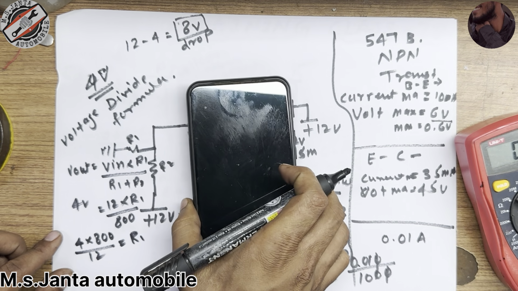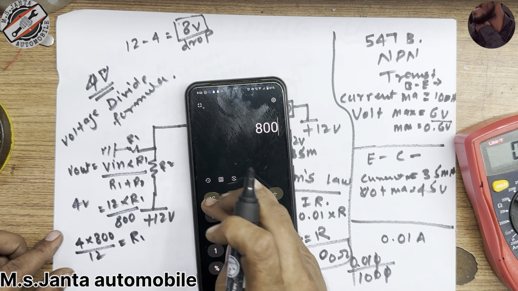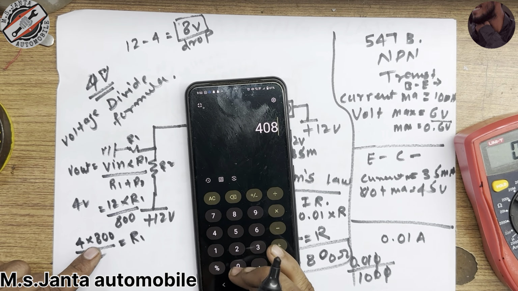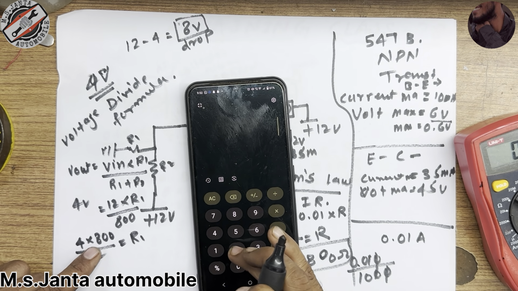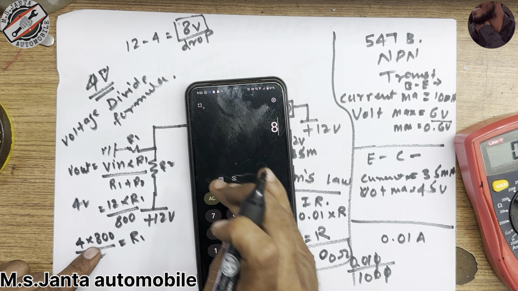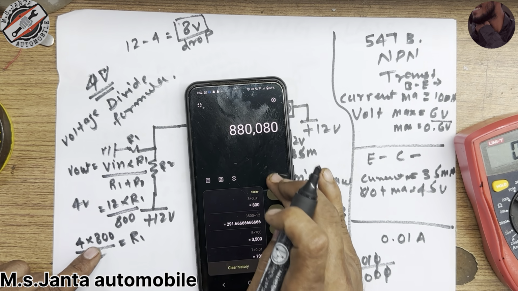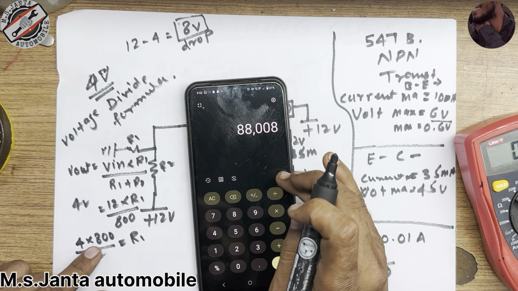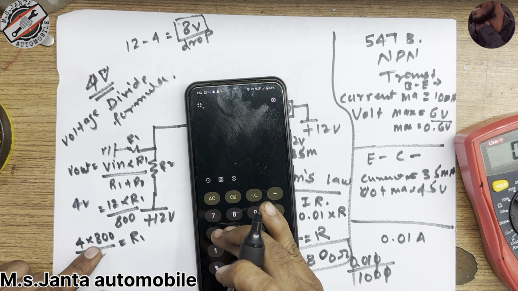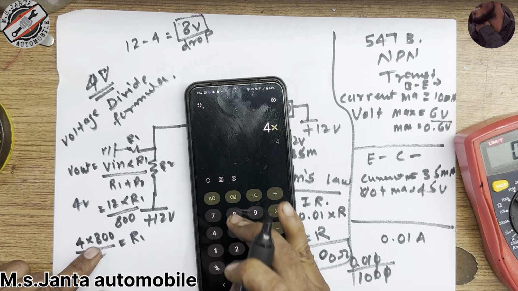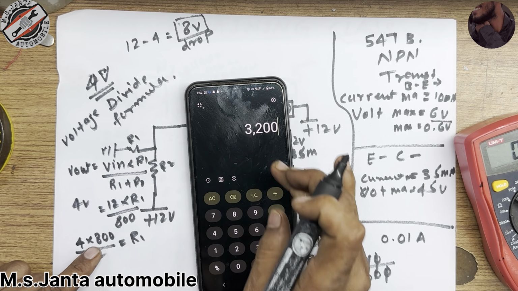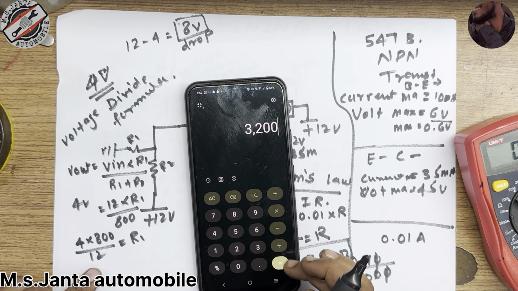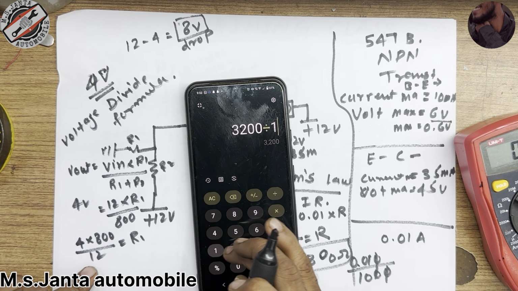Okay, when we calculate it, 4 into 800, we got 3200. Now we will divide by 12.